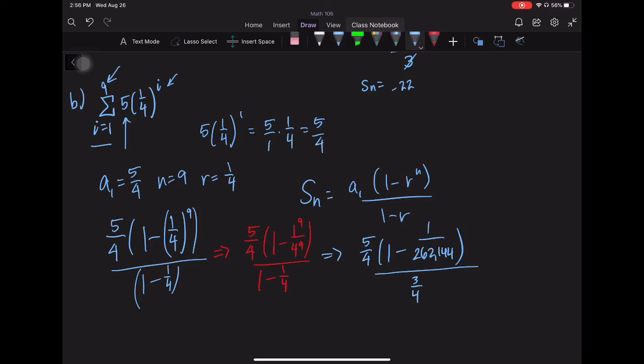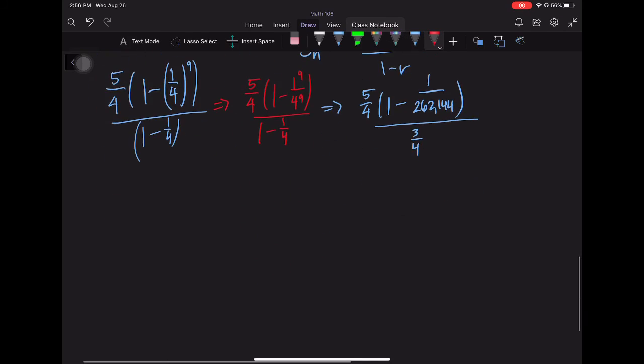Another way I can think about this, do a little bit of math here, is I am going to make this into the same denominator as that, which is just going to be 262,144 over 262,144. That's going to be 262,144 over itself minus 1 over 262,144. And I'm going to put the 5/4 back here, and that's being divided by 3/4.